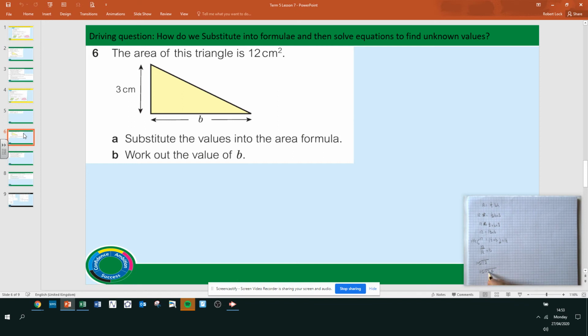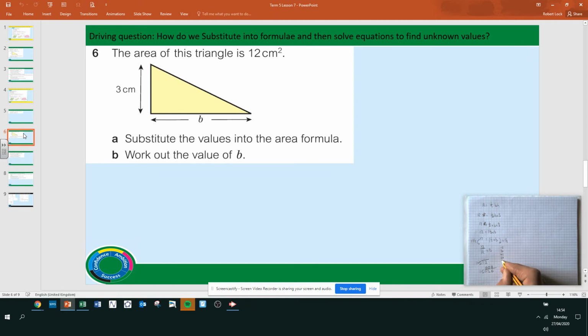So how many 15s in 120? How many 15s in 1? None. How many 15s in 12? None. So we still have to do this sum. So 15, 30, 45, 60. Well, no, 2 60s are 120. 4 there, so the answer will be 8.